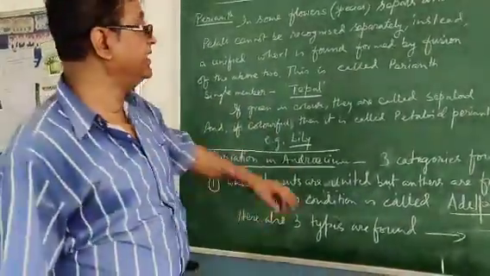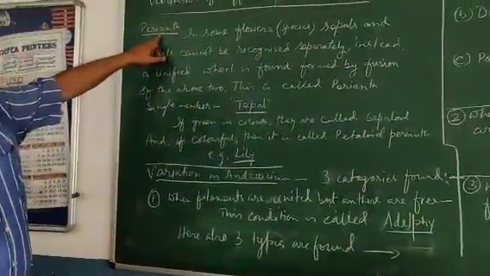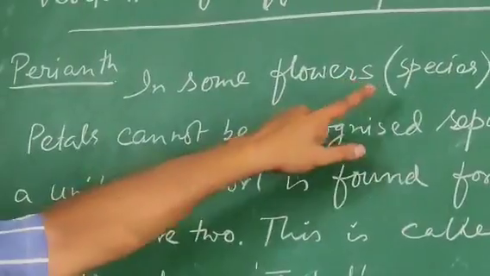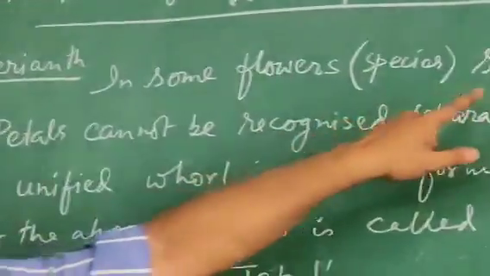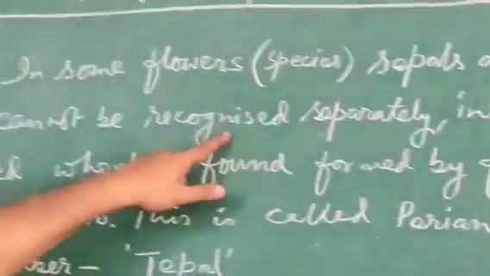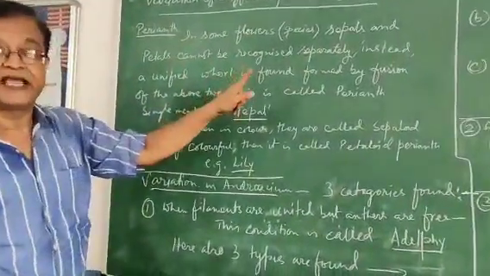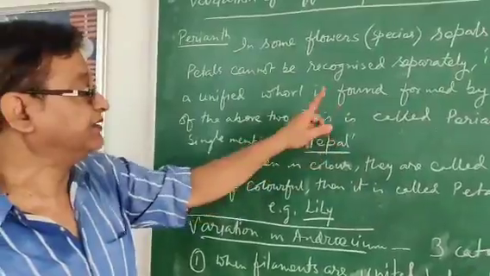The first of all is perianth. The definition is, in some flowers or in some species, sepals and petals cannot be recognized separately.